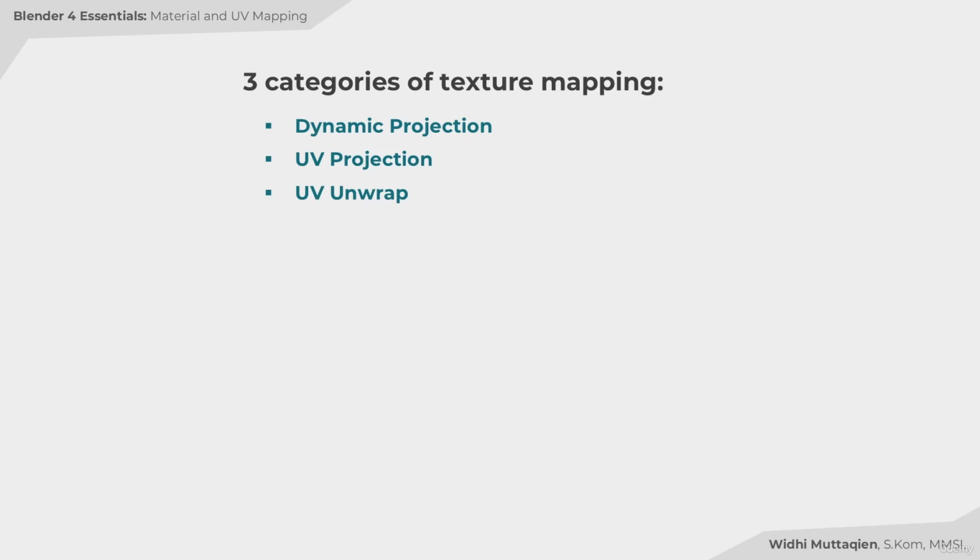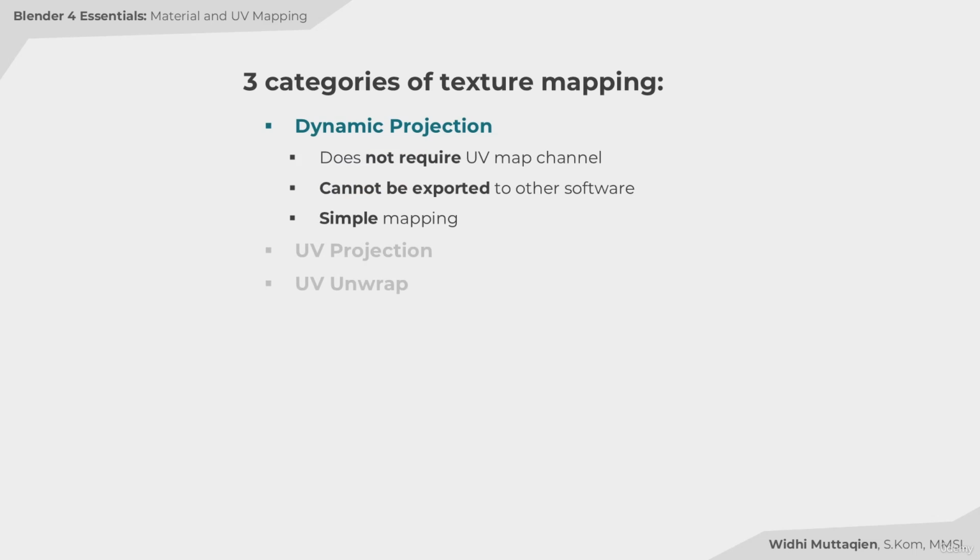But just to give you a quick insight, out of these 3 categories, the dynamic projection is unique because it does not require a UV map channel to work. As the name implies, the mapping is generated dynamically based on the object's local coordinate. So you can just plug a material into any object without any hassle.